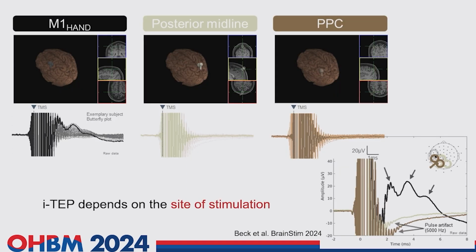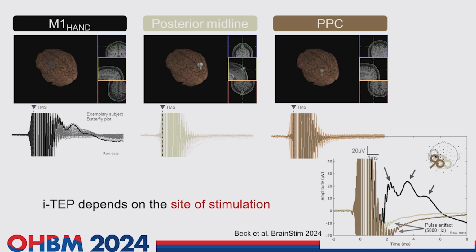Then we also tried to see whether we would see the same response in other cortical regions. So we moved the coil to other regions, and we saw it only when stimulating in one hand area. Now, don't take this as a rule. We did not adjust the stimulation based on other regions, because our only goal here was to see whether it's an artifact.